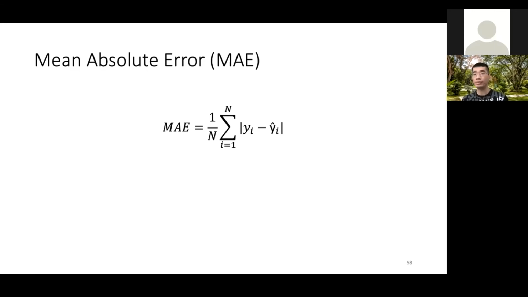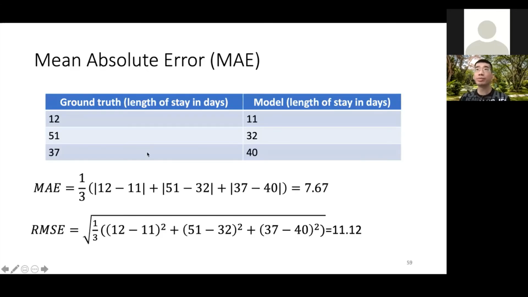Using the same example as before, we get an MAE of 7.67, and in fact, it is less than the RMSE value computed before. As I said, MSE gives larger penalization to big prediction errors by squaring them, while MAE treats all errors the same. Okay, so this is about the end of our discussion about evaluation metrics for regression algorithms.